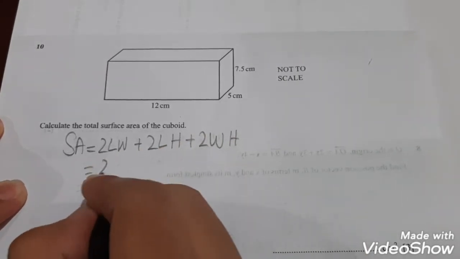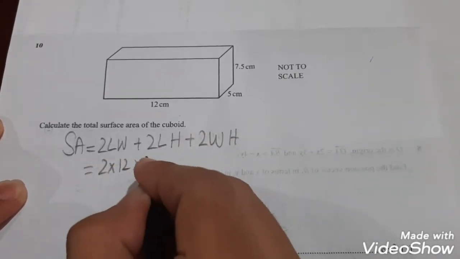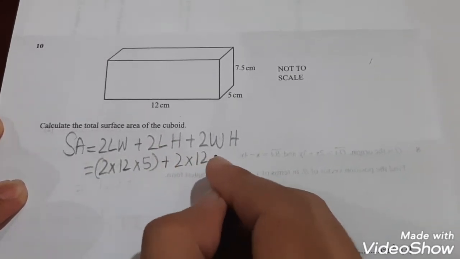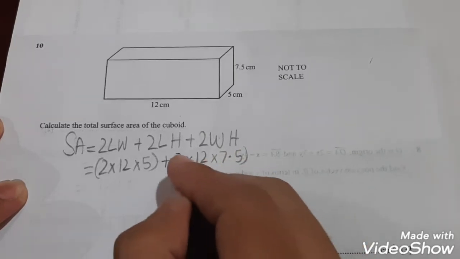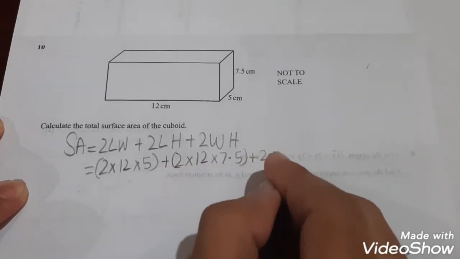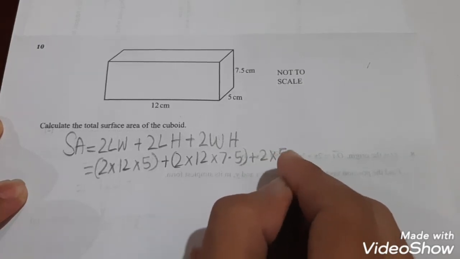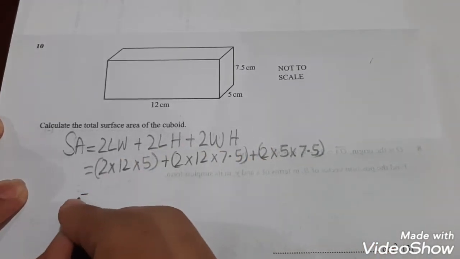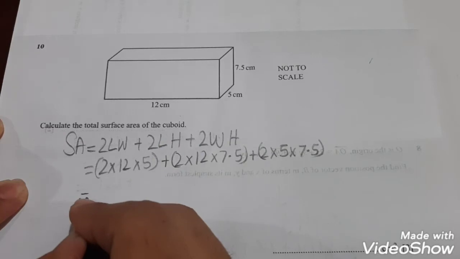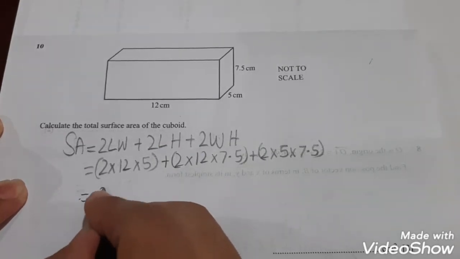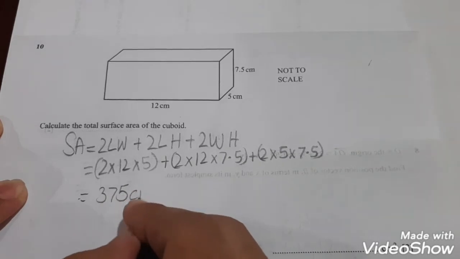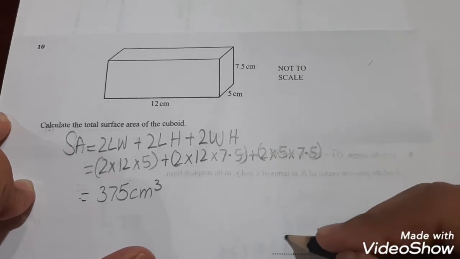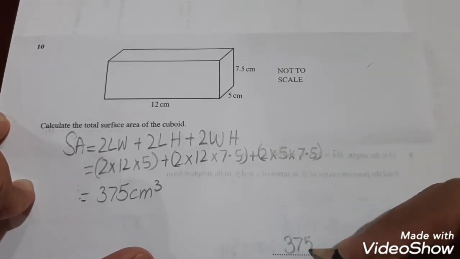Then we will write 2 multiplied by 12 multiplied by 5 brackets closed plus 2 multiplied by 12 multiplied by 7.5 brackets closed, and then 2 multiplied by 5 multiplied by 7.5 brackets closed. Then we will add all these values, which will be 375 centimeter cube. So we will write it over here, 375.